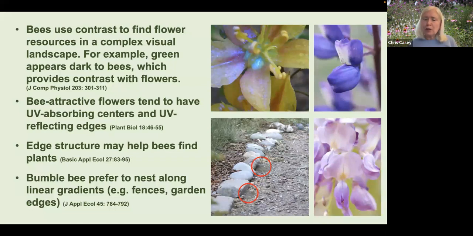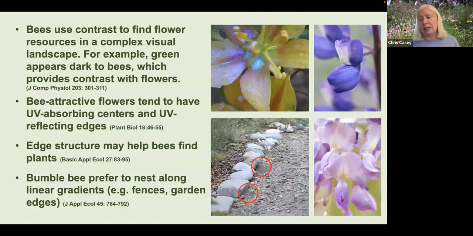Some other interesting observations are that edge structures may help bees to find plants. And specifically, a study was done in Great Britain that showed that bumblebees prefer to nest on linear gradients like fences and garden edges. And indeed, I see this in my own garden, where all of the ground nesting bees make their nests right along the edge of the pathway, just next to that stone border.